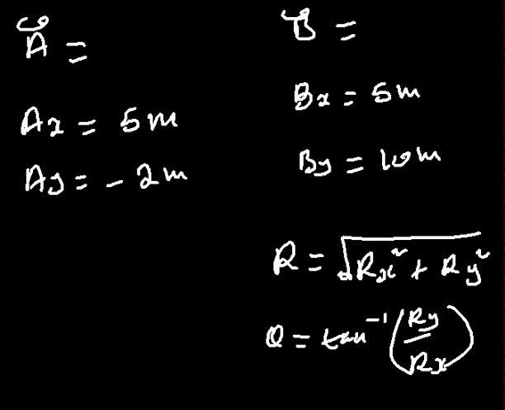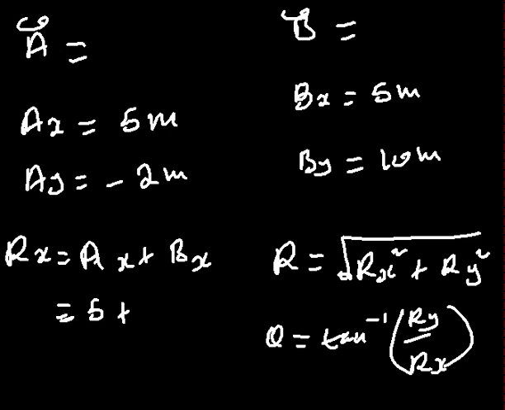So let's start with Rx. Rx consists of the summation of all components along x for the given vectors. We'll have it as Ax plus Bx. So we are to add those vectors component-wise. What is Ax? We have it as 5, and what is Bx? We have it as 5 as well, in meters. Now we have it as 10 meters. So that is the Rx.